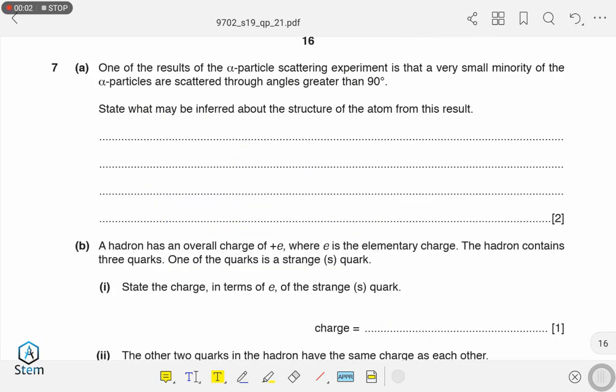Now to the last question, number 7. One of the results of the alpha particle scattering experiment is that a very small minority of the alpha particles are scattered through angles greater than 90 degrees. State what may be inferred about the structure of the atom from this result.